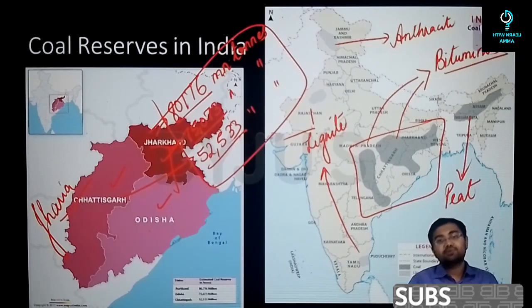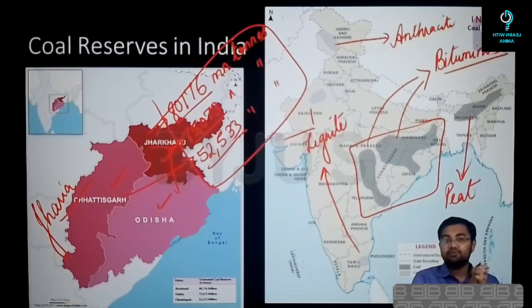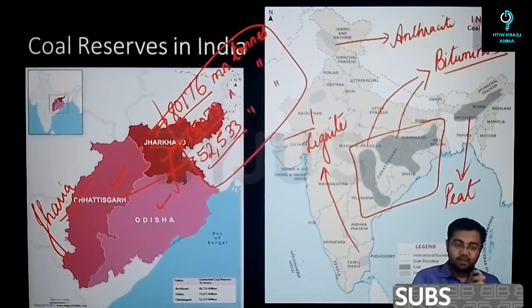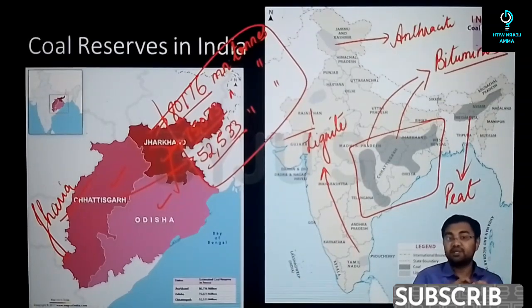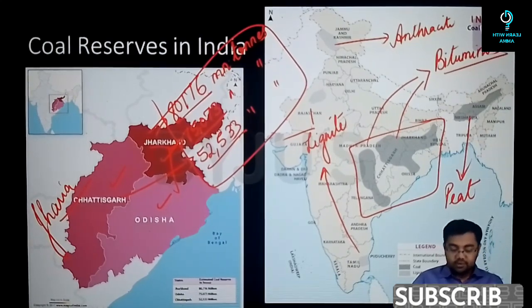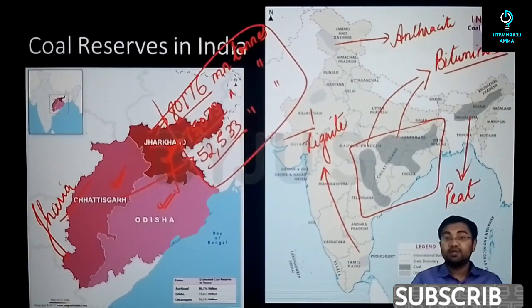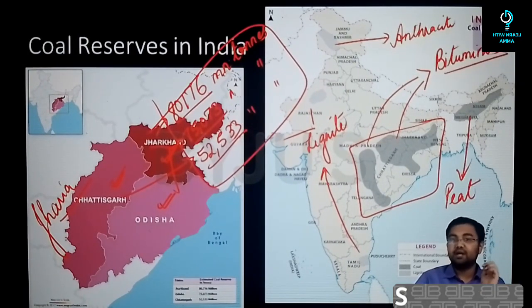And this is also to do with the failure of government machinery, the way in which the rehabilitation program could have been carried out has not happened in the way they would have wanted. So all these things are associated with this, but just remember that these are the top three states when it comes to the amount of coal presence that we have in India.